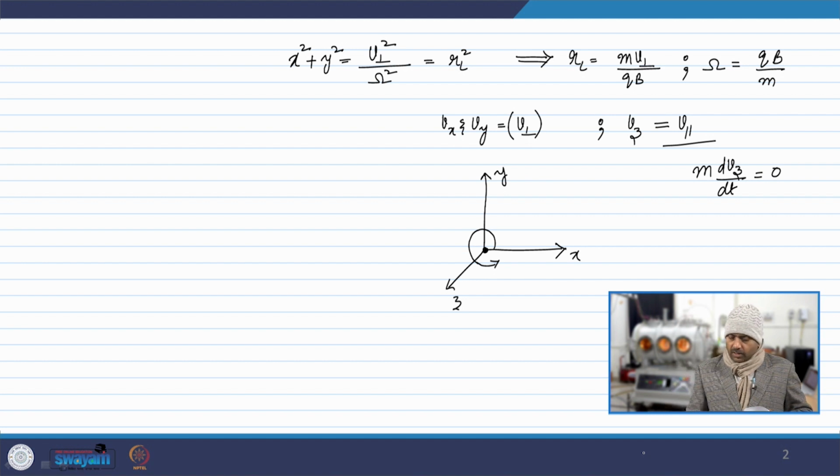Let us say the guiding center has a position coordinate x naught, y naught. So, here in this case it is the origin, just for the sake of convenience or to represent how the electrons and ions will rotate circularly in the opposite directions, we have taken the origin to be the reference, but we can take any point x0, y0 to be the guiding center.